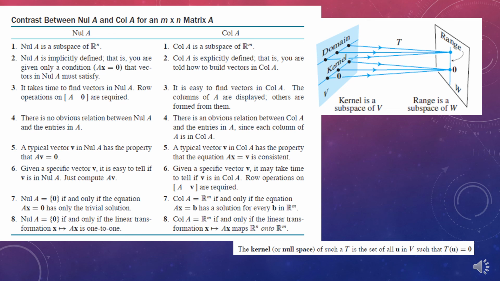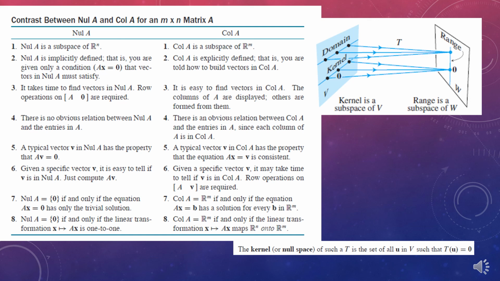For the column space, if a vector is in the column space, then you know that A times x equals v is consistent. If you set up that equation, you know that there's a solution. Otherwise, it wouldn't be in the column space. It would not be a linear combination if that equation did not have a solution.